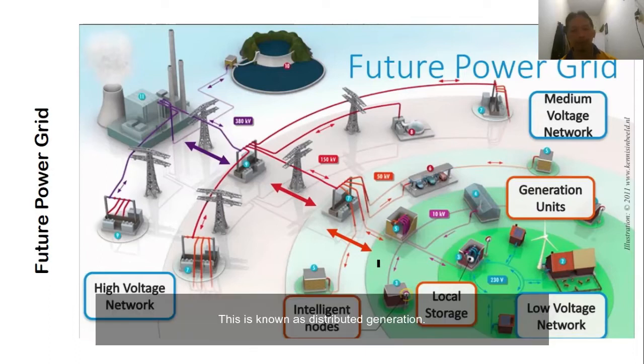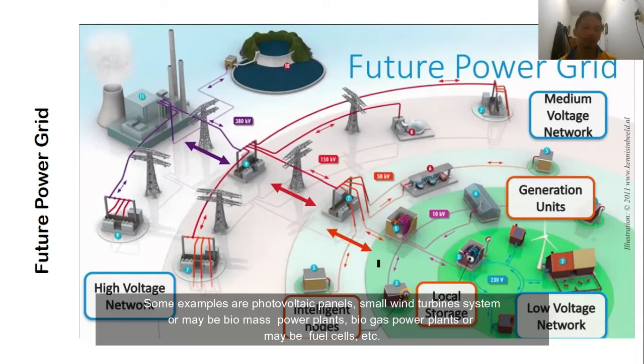This is known as distributed generation. Some examples are photovoltaic panels, small wind turbine systems, or maybe biomass power plants, biogas power plants, or fuel cells, etc.